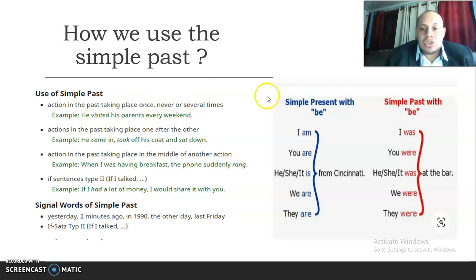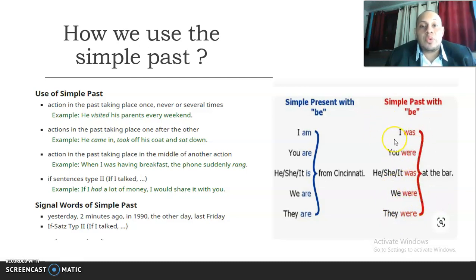But let's talk first about the verb to be. I just wanted you to pay attention, because this is the verb to be in simple present. If you notice, it's I am, you are, he, she, it is, we are, and they are. In simple past, the same verb, the verb to be, is I was, you were, she, he, it was, we were, and they were.